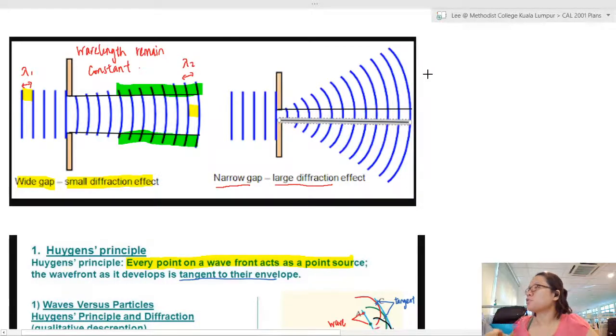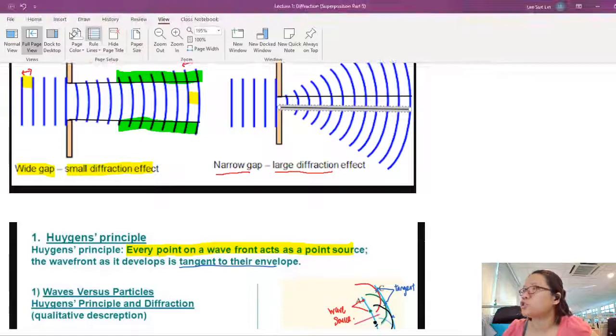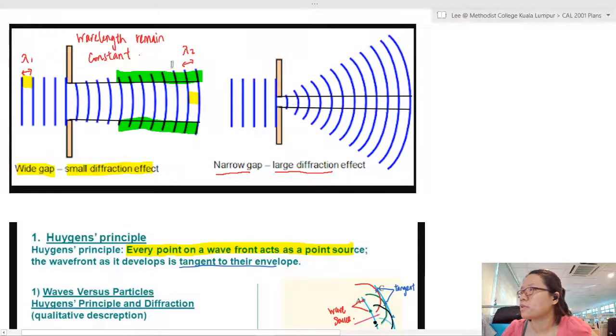So your total spread out area changes from this little portion to this entire portion. You can see there's a lot of spreading. This is a way larger area compared to the wider gap. So the wider gap shows a smaller diffraction effect.